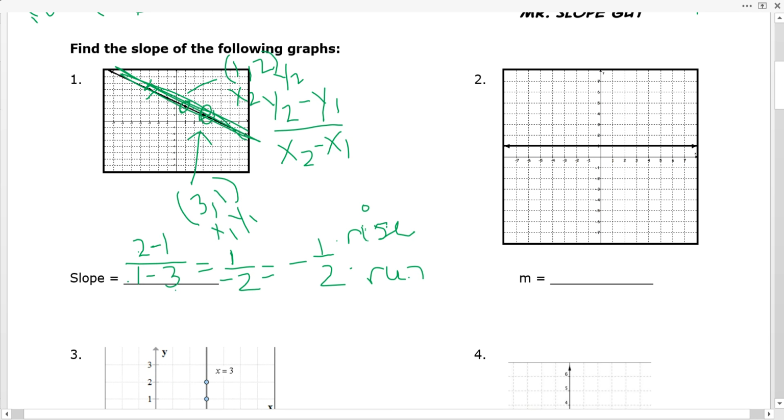Okay, number 2 is a horizontal line. If we take two perfect points, I'll take positive 1 and negative 1. So this one is going to be 1, 0. This one is going to be -1, 0. x1, y1, x2, y2.